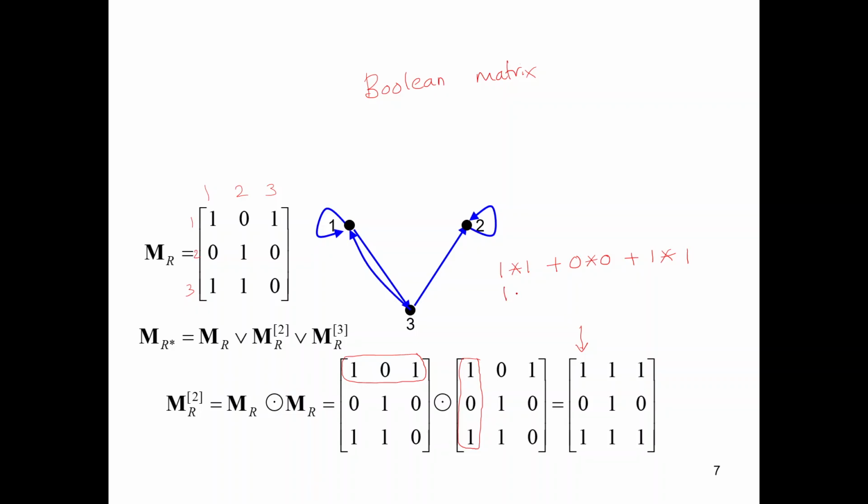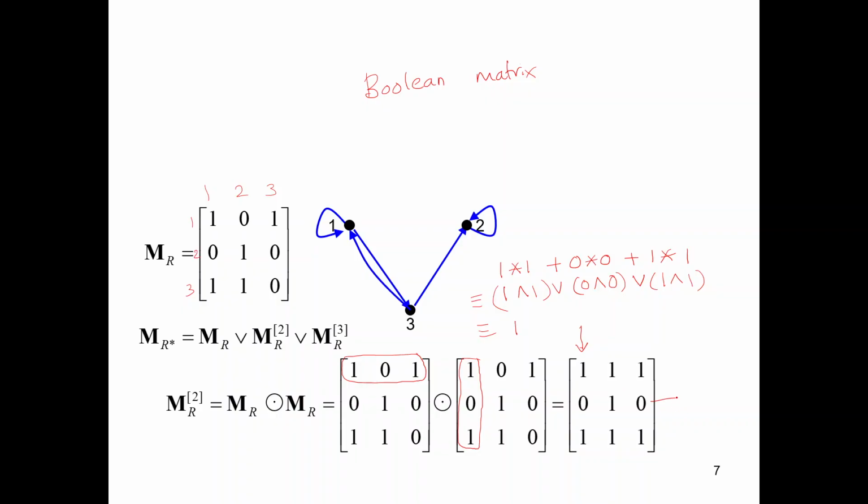So this will be 1 and 1, or 0 and 0, or 1 and 1. So the ultimate result will be 1.